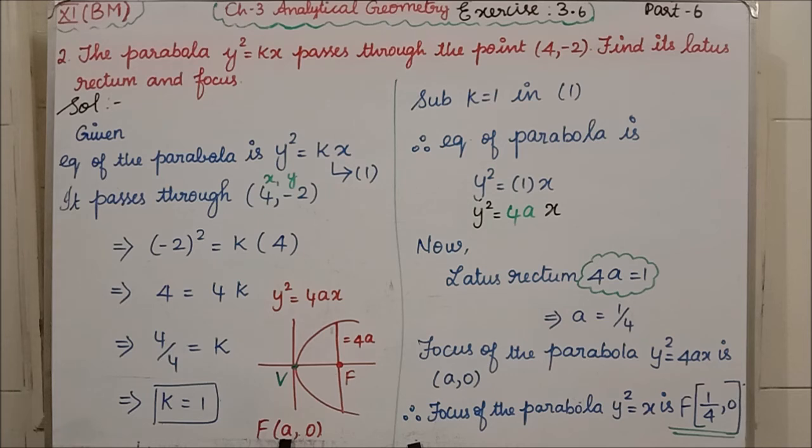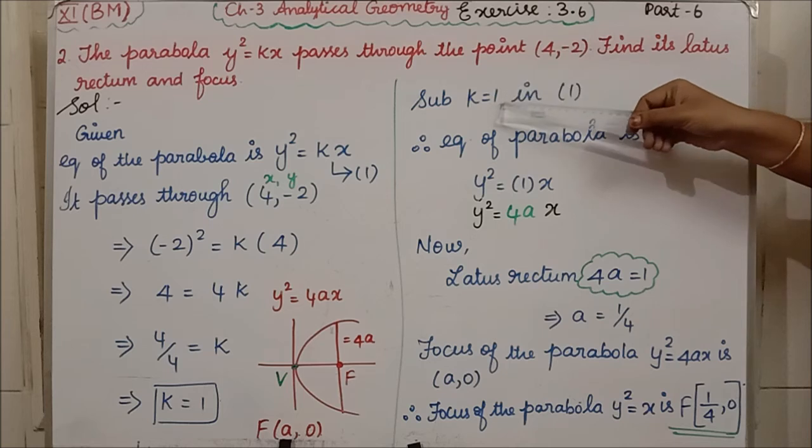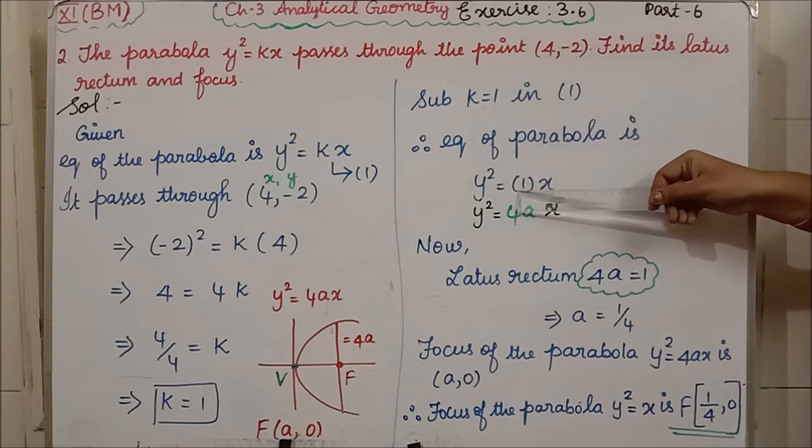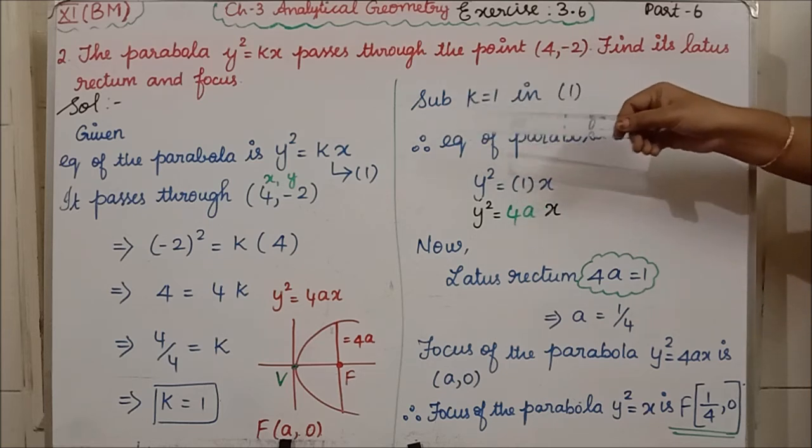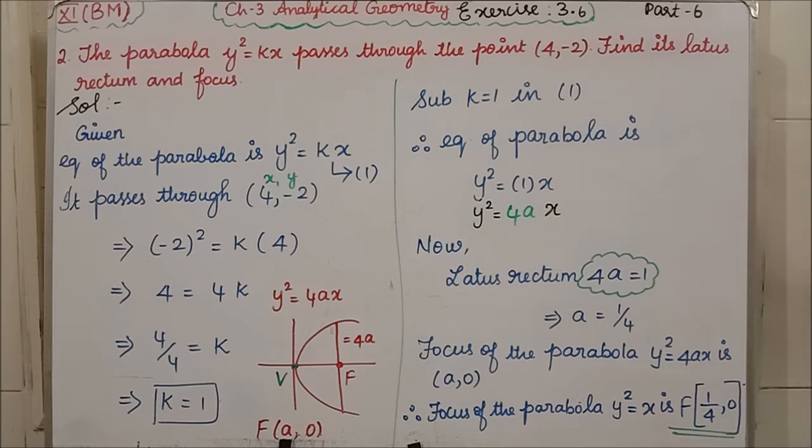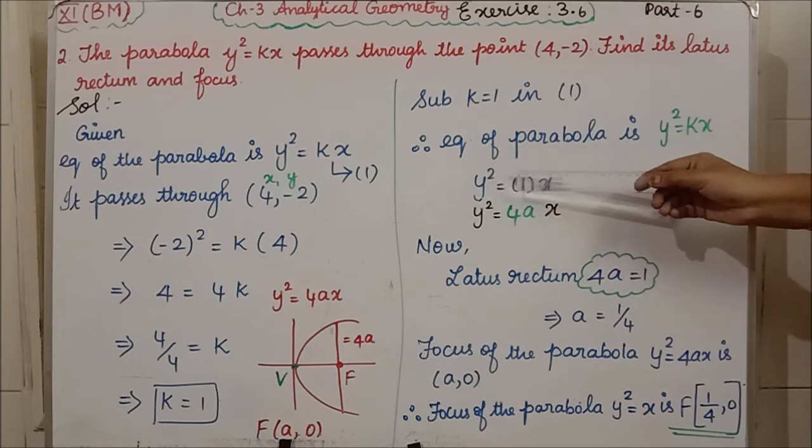Now I substitute k equal to 1 in equation 1. The equation of the parabola is y square equal to k into x, so in the place of k I substitute 1. y square equal to 1 into x.